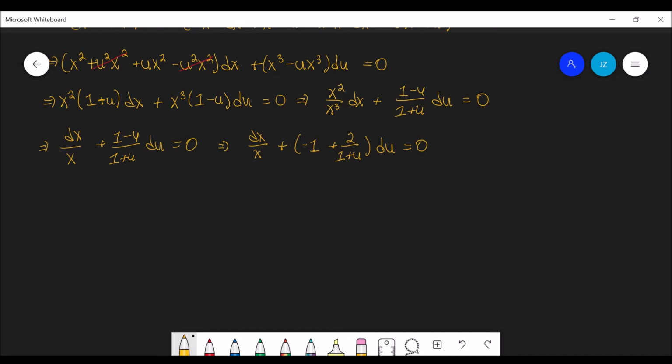We can now integrate everything. So we're going to get the natural log of the absolute value of x minus u plus 2 times the log of the absolute value of 1 plus u is equal to a constant.